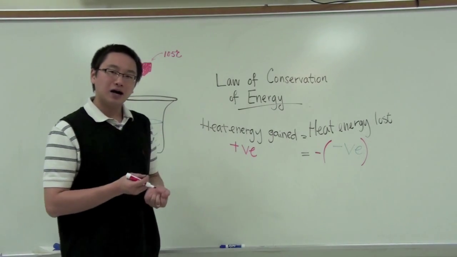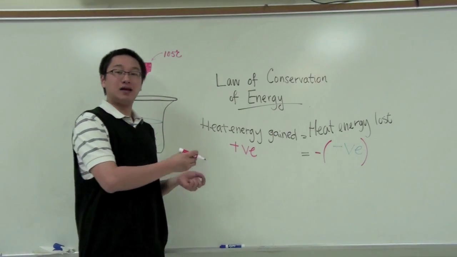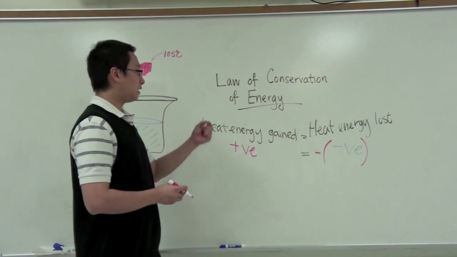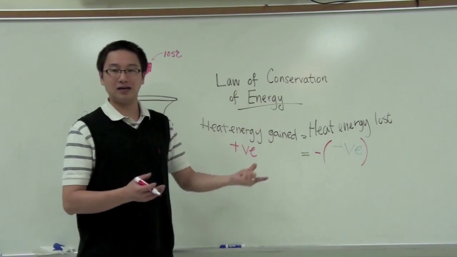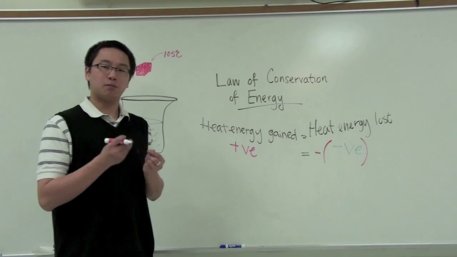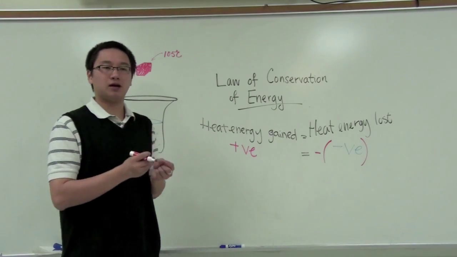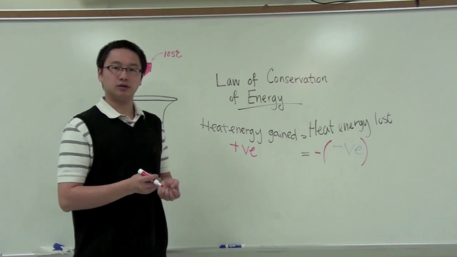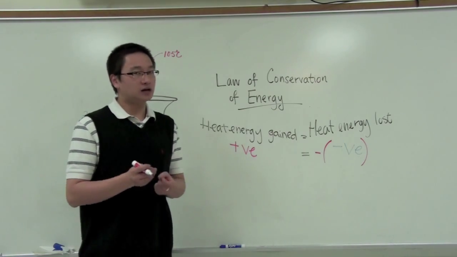So this is the concept behind heat transfer: the heat energy gain is equal to the heat energy loss, and when we deal with it mathematically, we have to take the sign into account. The concept itself is not difficult.